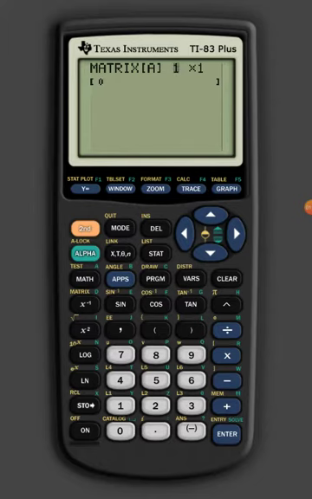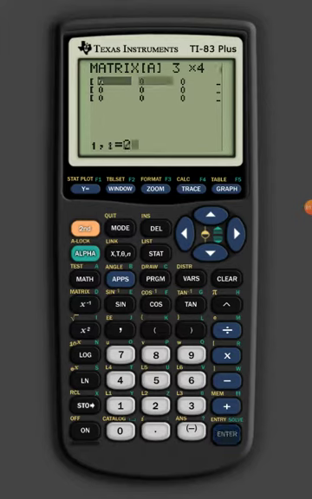The first number here is the number of rows in the matrix, so that's going to be 3. Then the second number is the number of columns I need, which is 4. Now, one of the columns does appear off screen here. That's fine. And now I can just put the coefficients in the calculator.